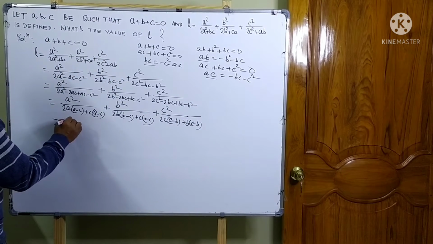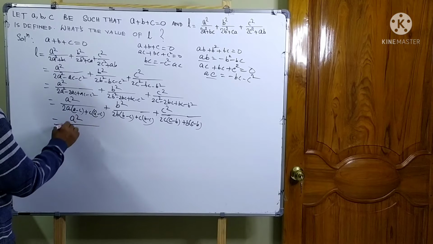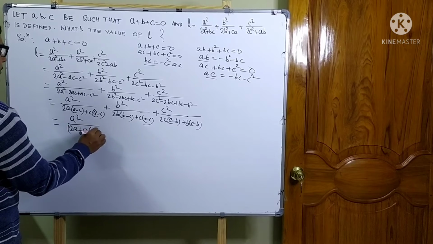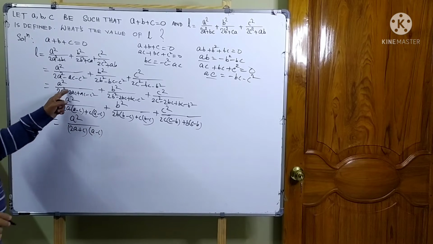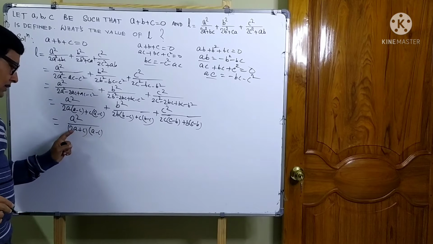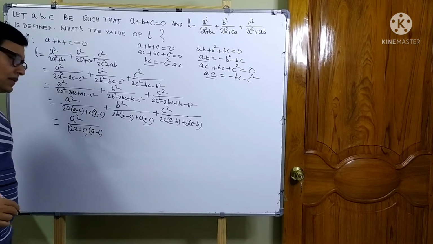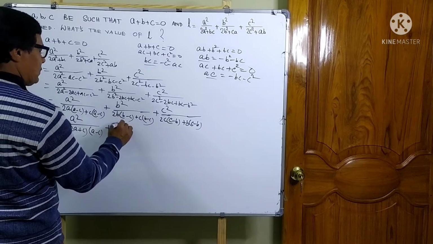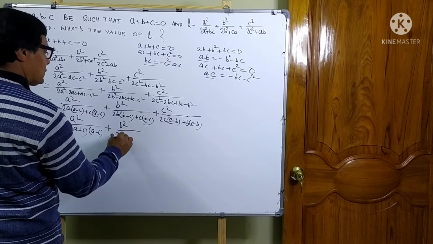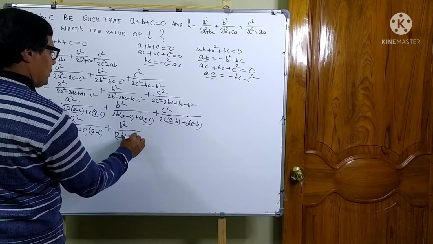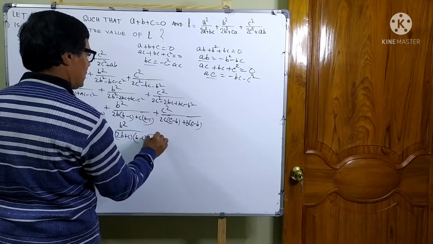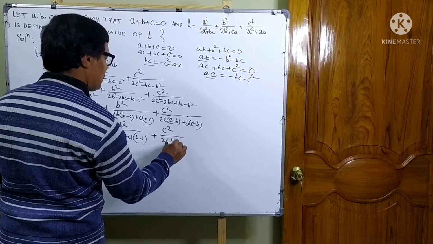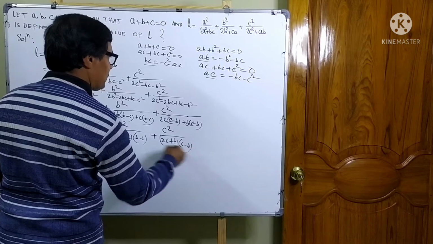So the denominator of the first fraction is factorized as (2a + c)(a minus c). The denominator of the second fraction is factorized as (2b + c)(b minus c). The third can be written as (2c + b)(c minus b).